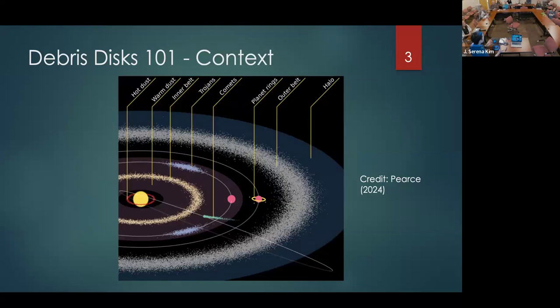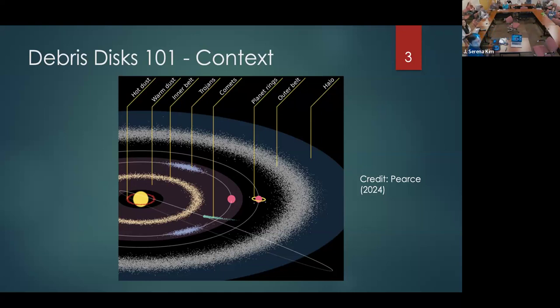To put it into some more context, our own solar system actually has a few different dusty components to it. You may be familiar with the asteroid belt. You can think of this as a warm inner belt. And we also have the Kuiper belt, which is an outer cold belt. A lot of the systems that I'll be talking about today are mostly these outer belts, so very cold dust.